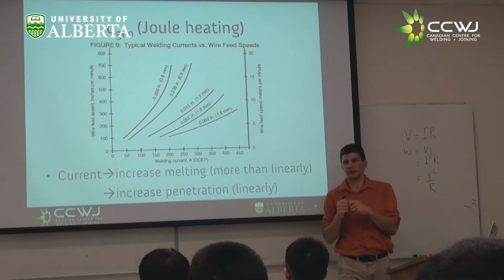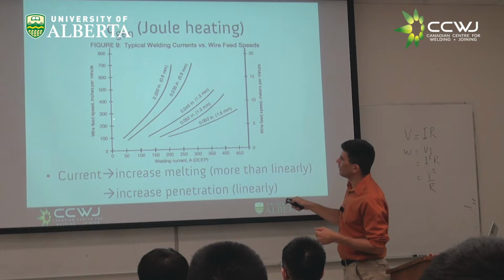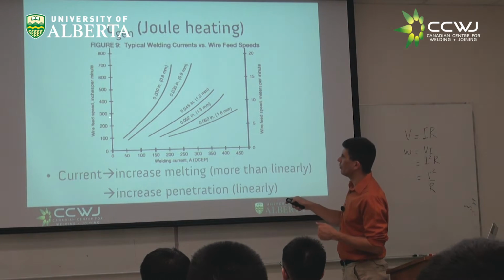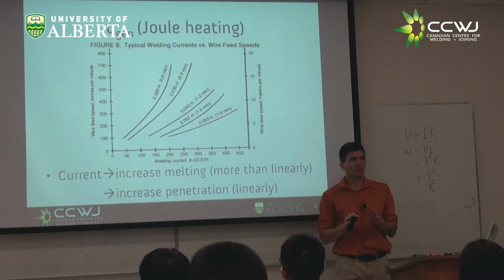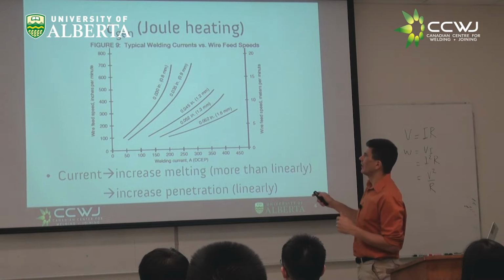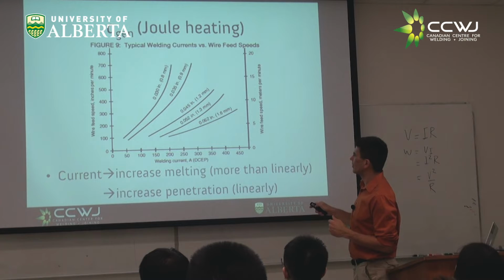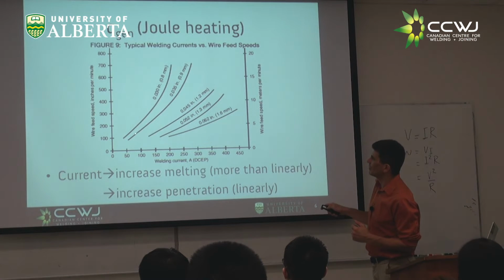If you buy electrodes from Lincoln, the way you would say how wire feed speed and current go together would be from using this exact same figure I'm showing you here. And what do you see? Here you have different wires. So let's start talking about just one of the features.